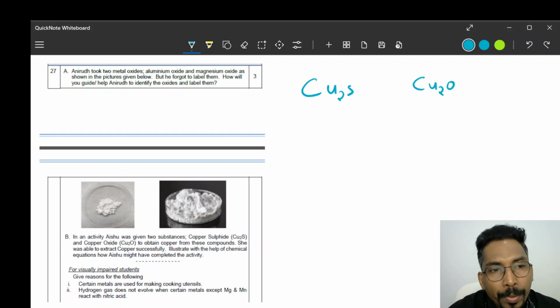To obtain copper from these compounds, she was able to extract copper successfully.